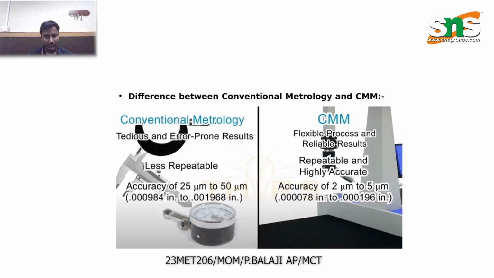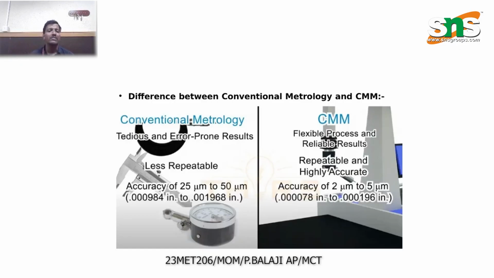What is the difference between conventional metrology and CMM? In conventional systems, errors occur easily, and less repeatable data is available depending on environmental conditions.